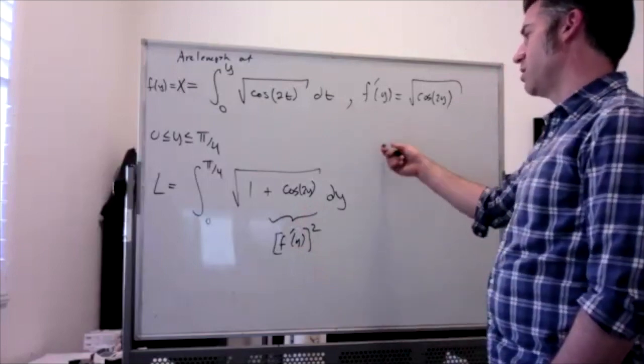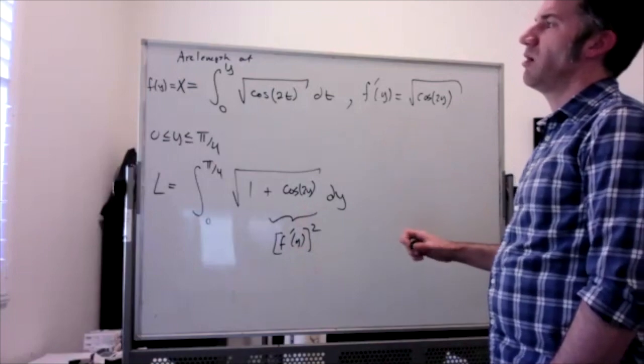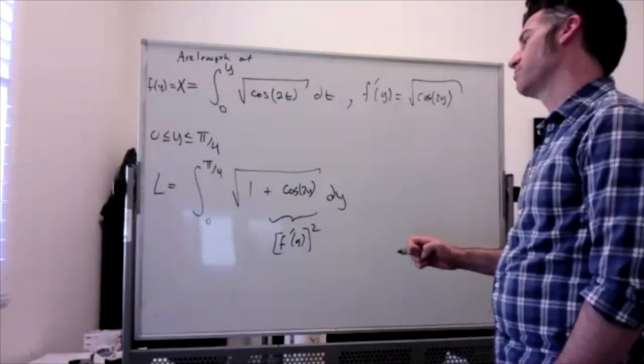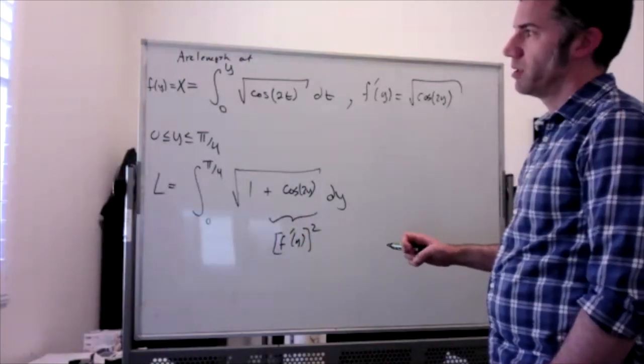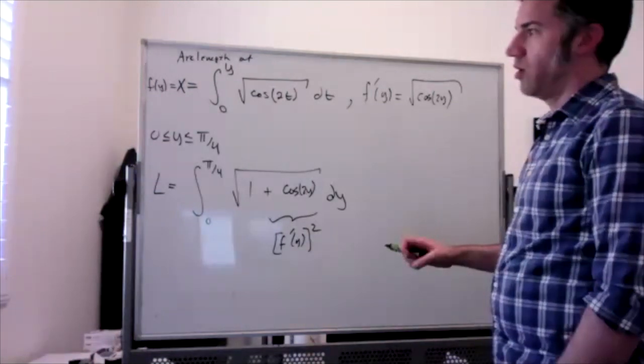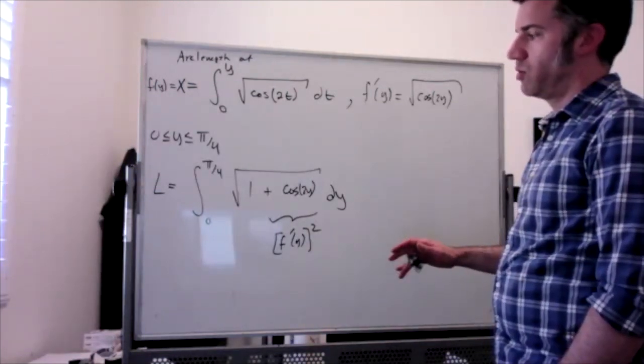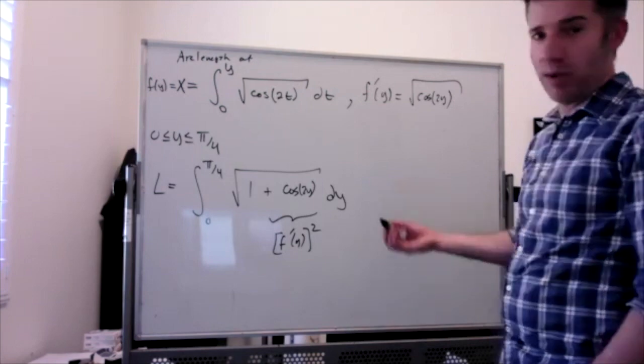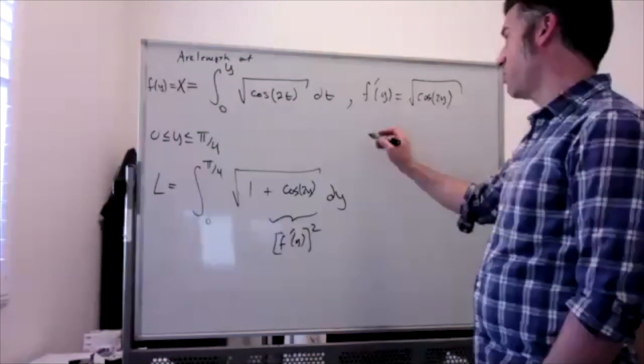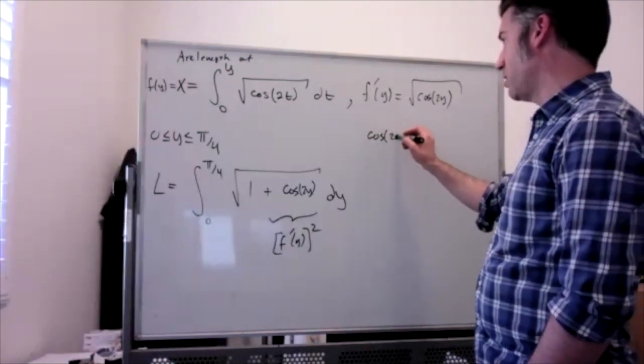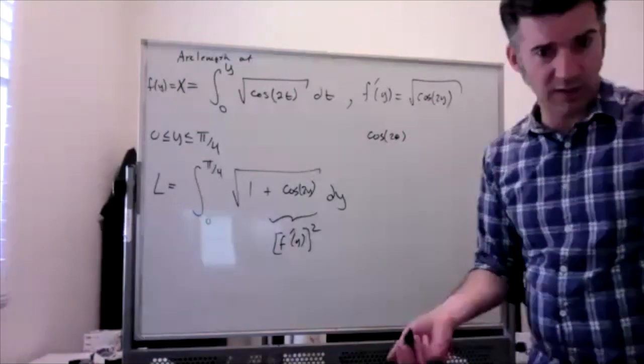There's a formula for cosine of 2 theta. There's a few formulas for cosine 2 theta, actually.